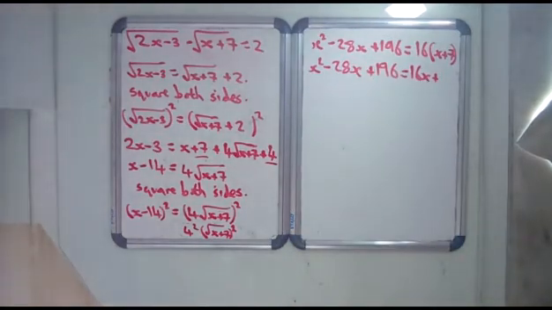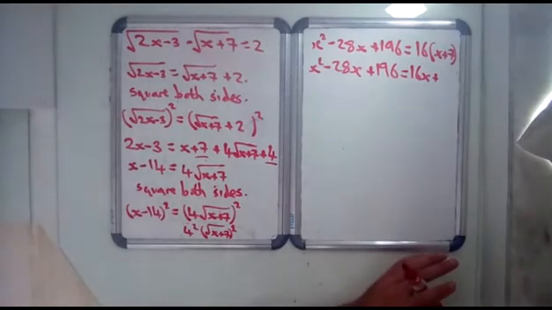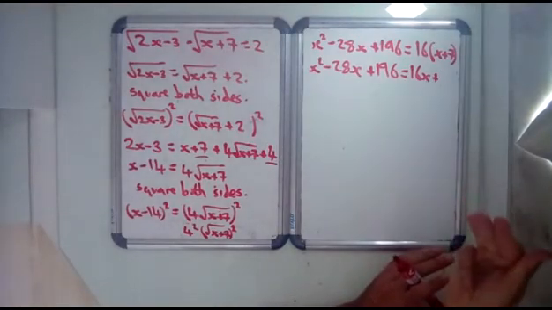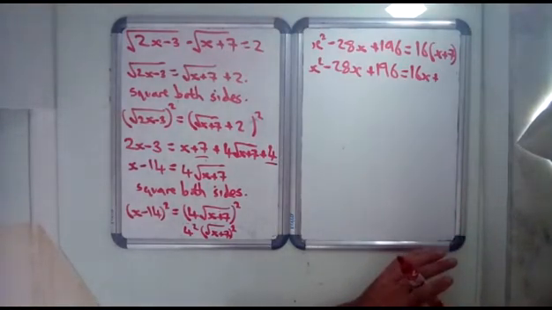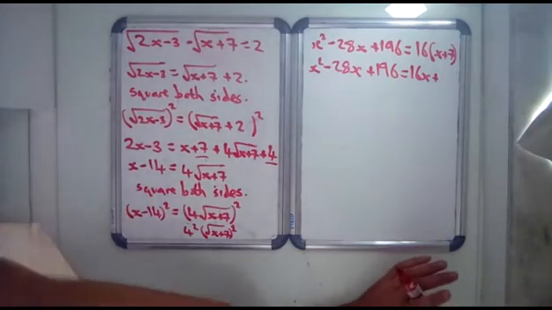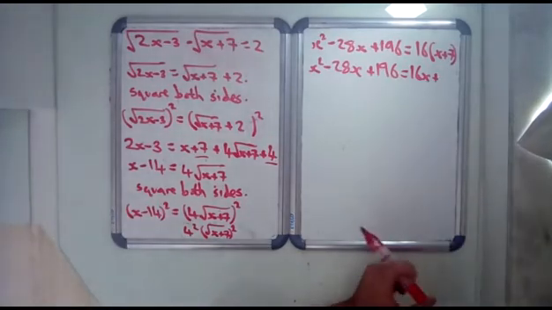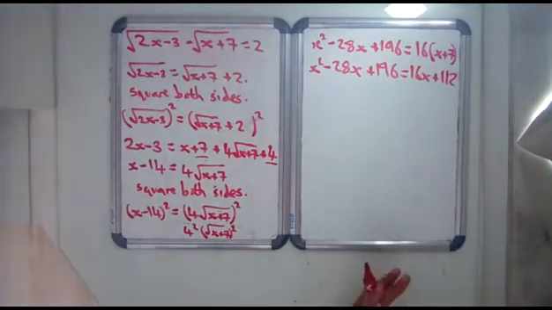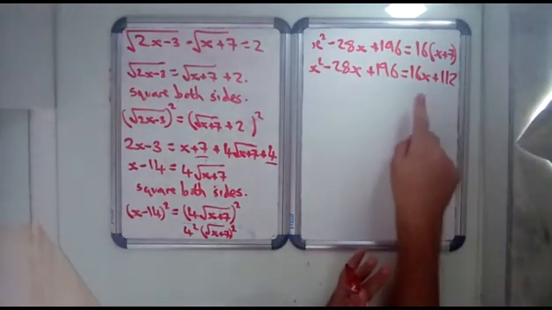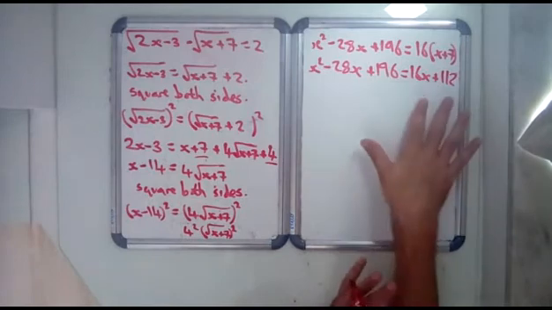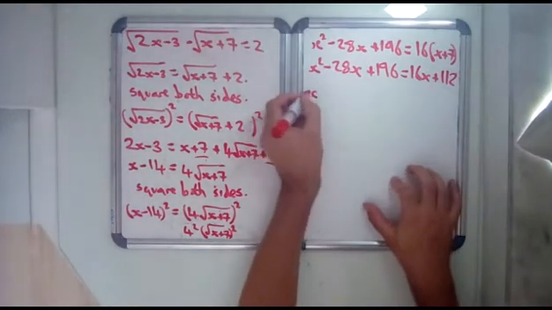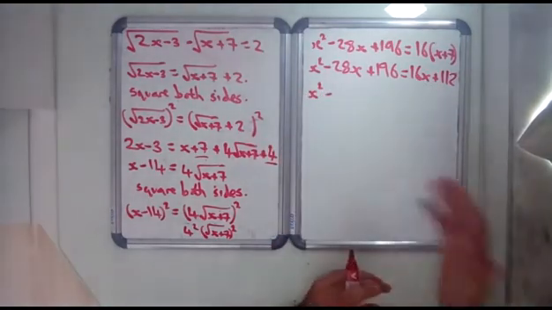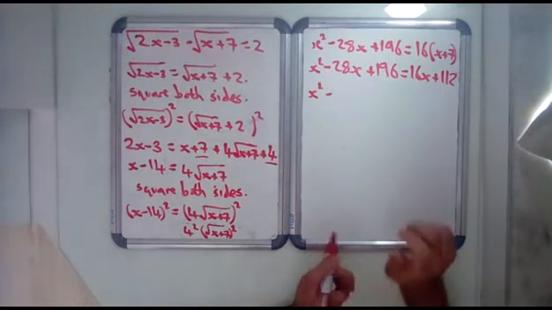A good way to times by 16 is to remember 16 is 2 times 2 times 2 times 2, so I can times 7 by 2 four times: 7 times 2 is 14, times 2 is 28, times 2 is 56, times 2 is 112. Now you've nearly got the quadratic where you want it. I need to leave a 0 on this side, so I'm going to have x squared minus 28x minus 16x.